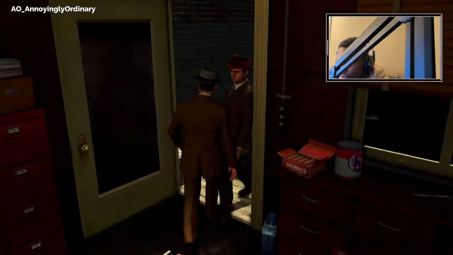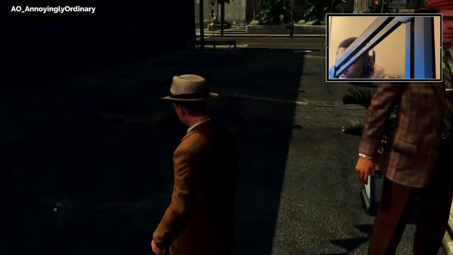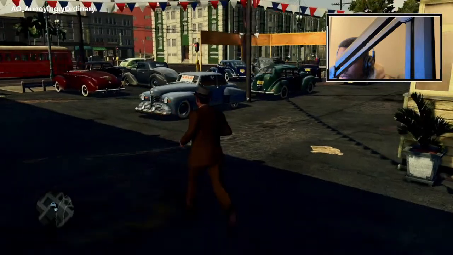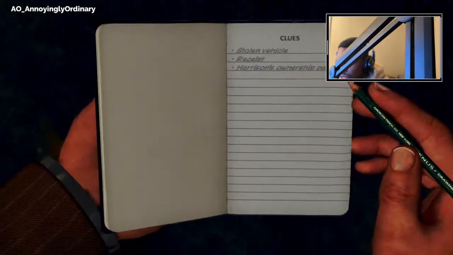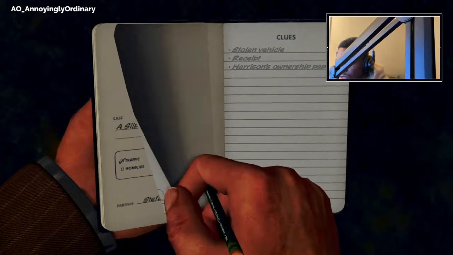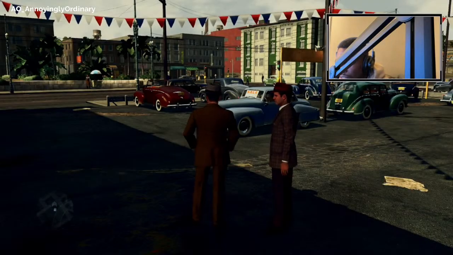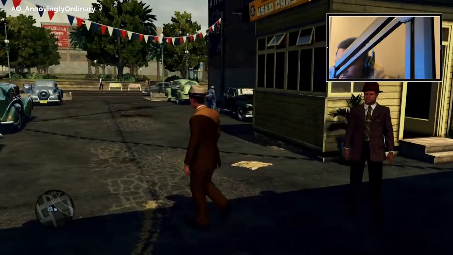Are we supposed to look around first? Nah, there's no clues to find here. Right?